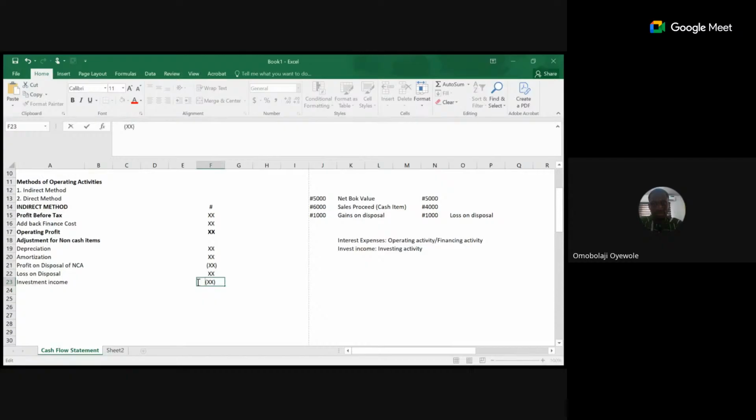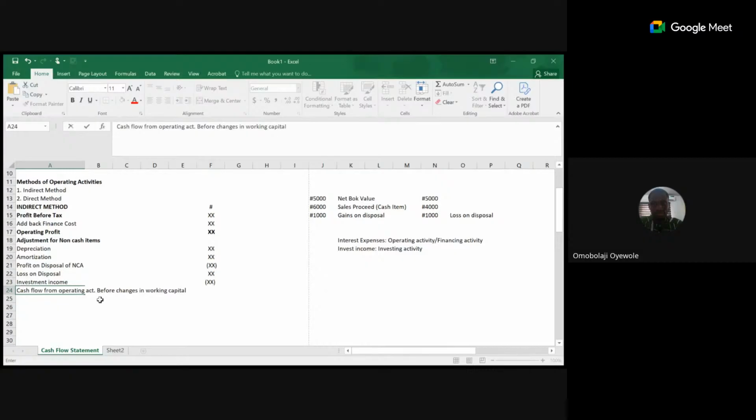Now treat my investment income appropriately as an investing activity. So then after all the non-cash items have been considered, we have cash flow from operating activity before changes in working capital.